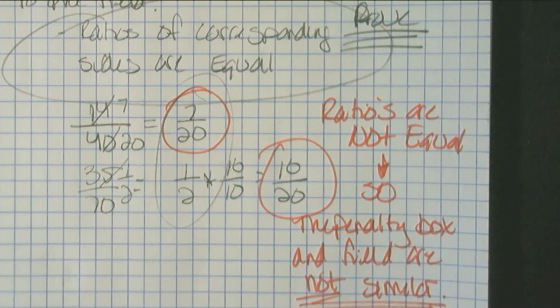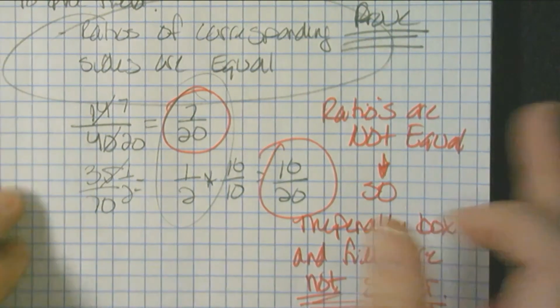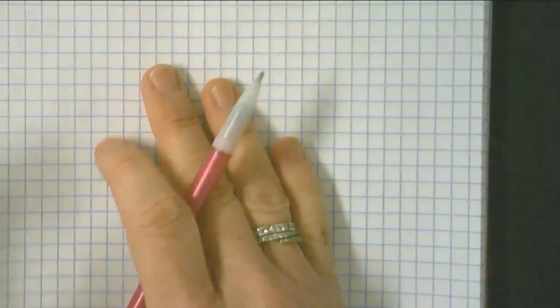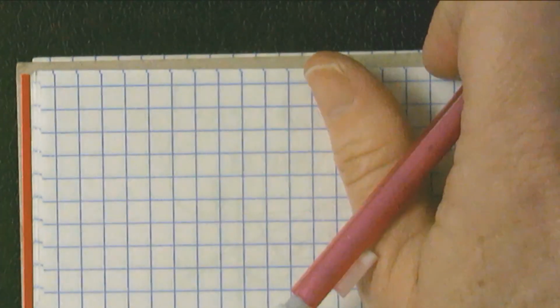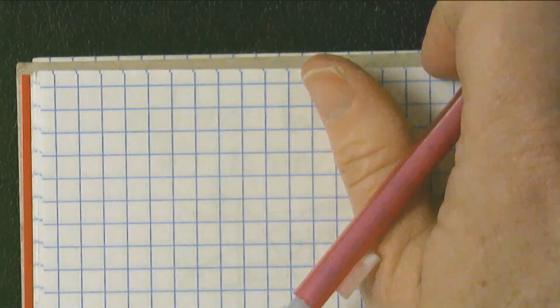Okay? So, in your assignment notebook, I want you to get it out, and I want you to look at page number 302, example 4. I want you to take notes on this before you start your homework, not after. Before you start your homework, because it's going to help you.